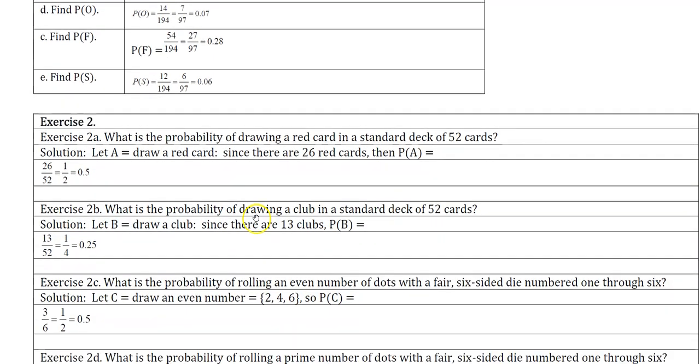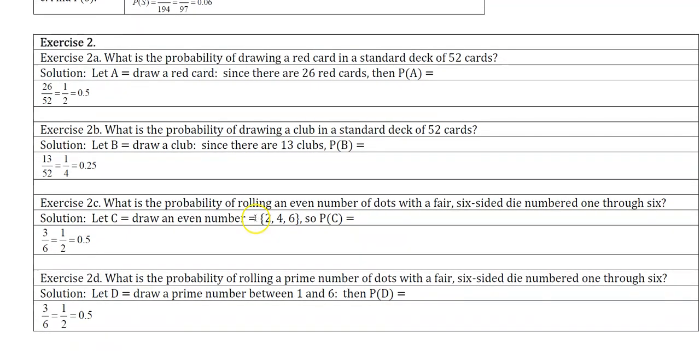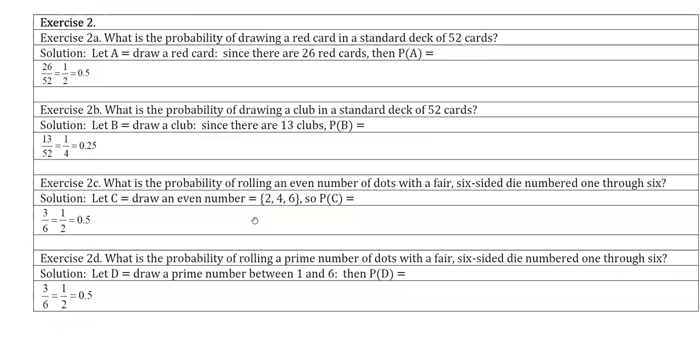Exercise 2 is another experiment using a deck of cards, and these are fairly innocent looking problems. Some of you have played poker and other card games, and some of you have played roulette and dice games, and you know that it's, of course, figuring out, for example, in poker how to calculate the probability of a royal flush.